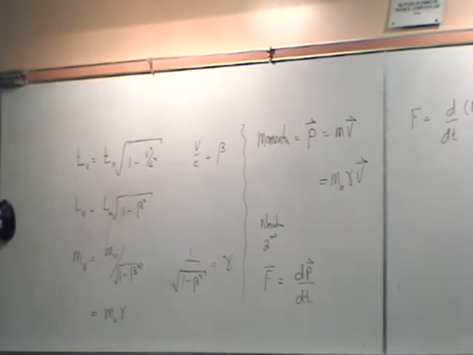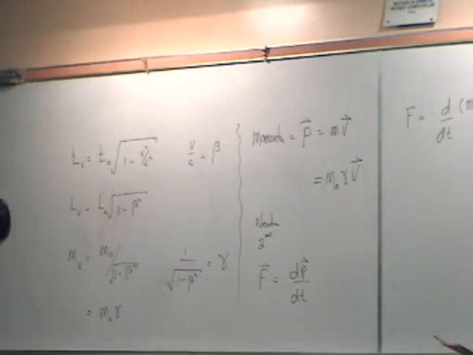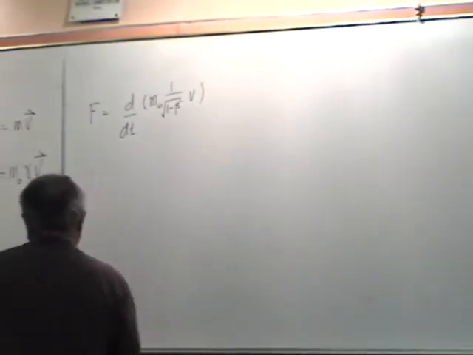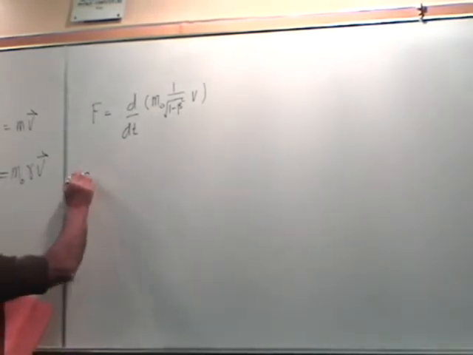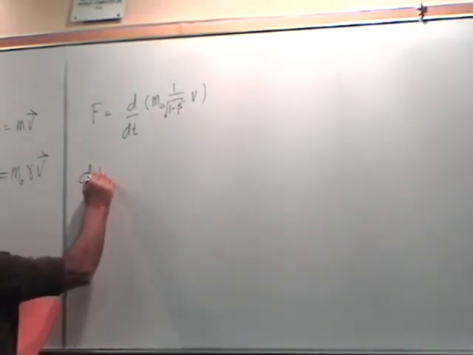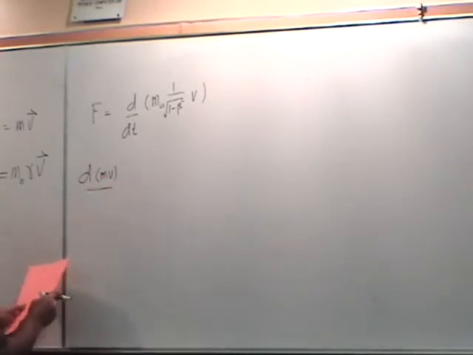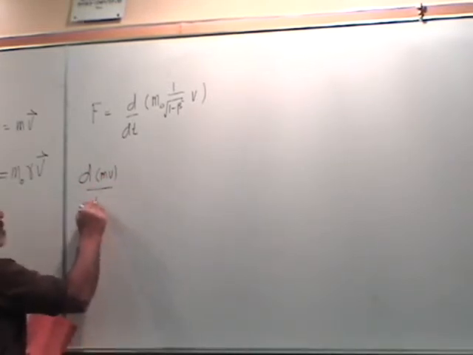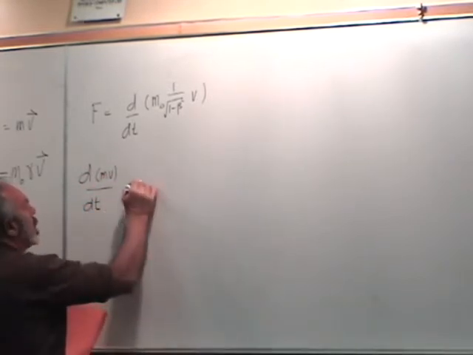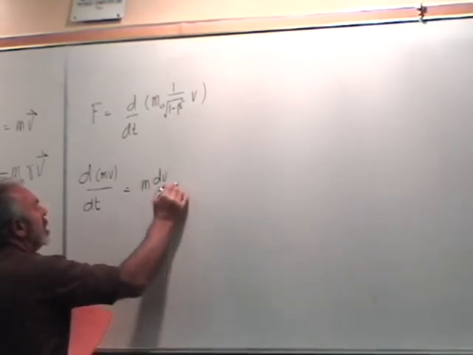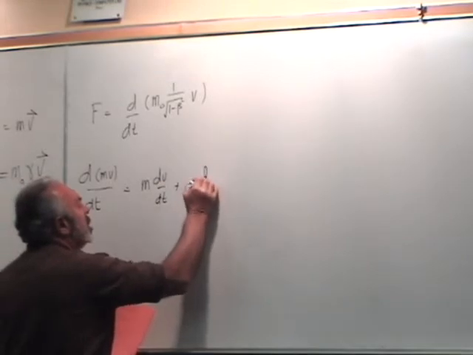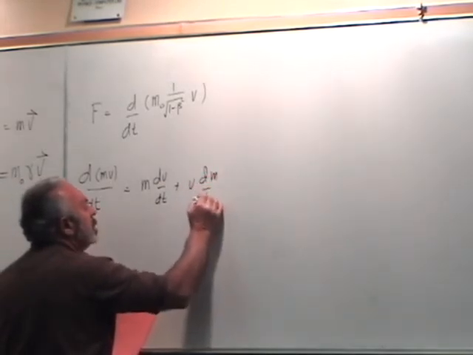Let me try to keep myself nicely organized today. Okay, so this color over here. In other words, from now on, this is how we're going to think of d(mv)/dt. It is going to be, of course, m dv/dt plus v dm/dt.